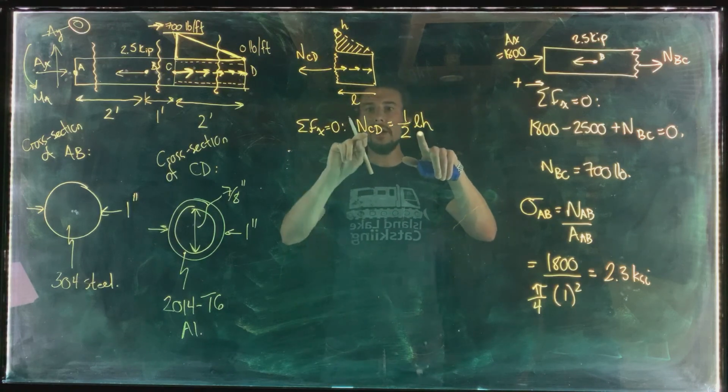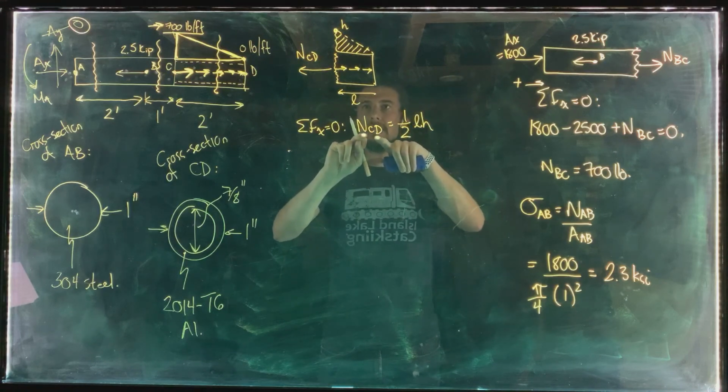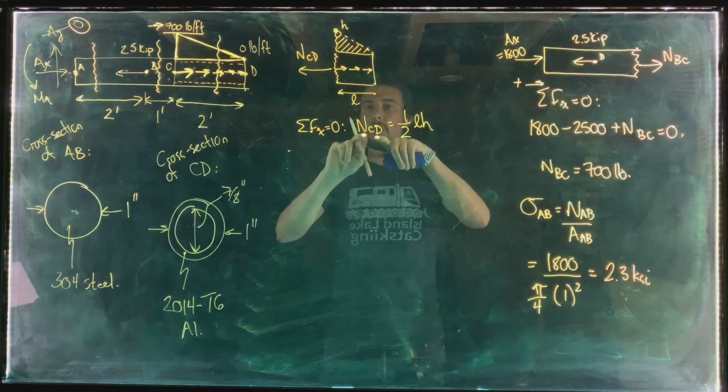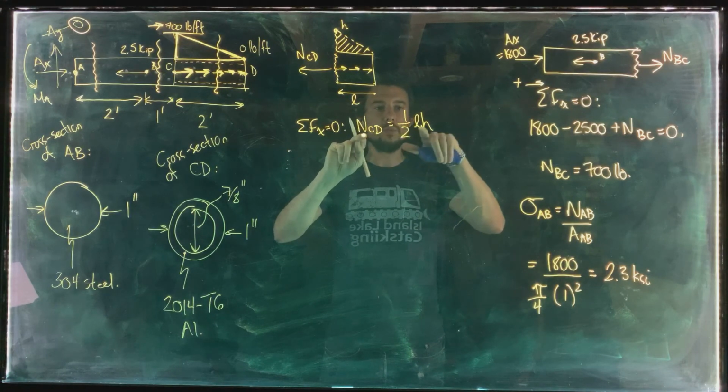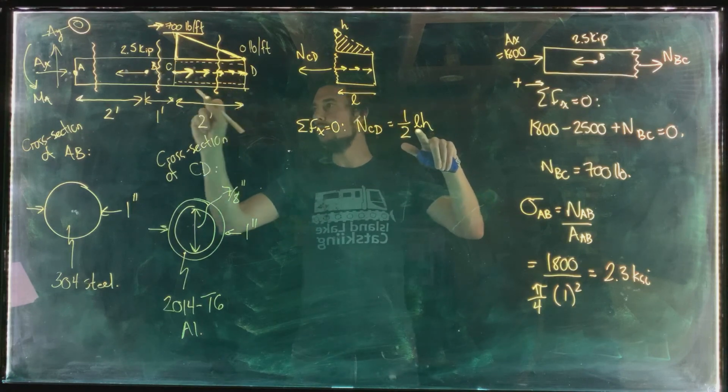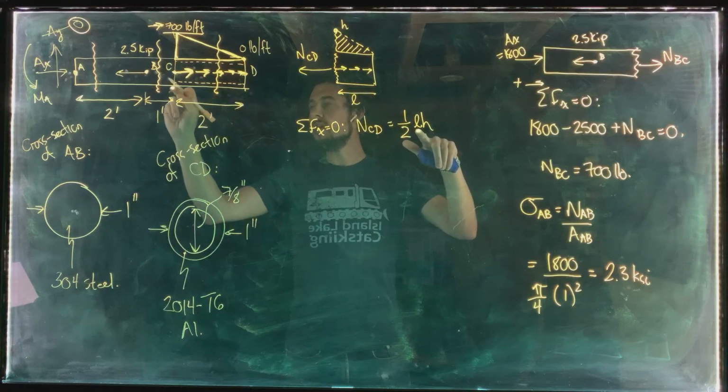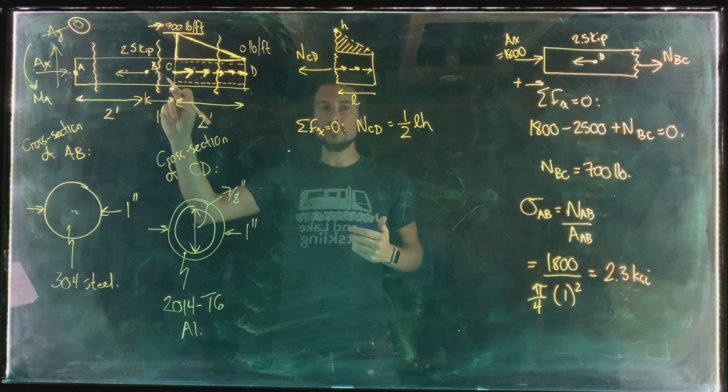So where is N_CD going to be greatest? Well, it's going to be greatest when L is maximized, and L is maximized when we get right to the junction between the tube portion and the solid portion.